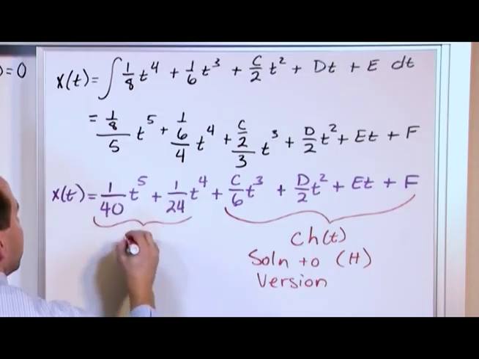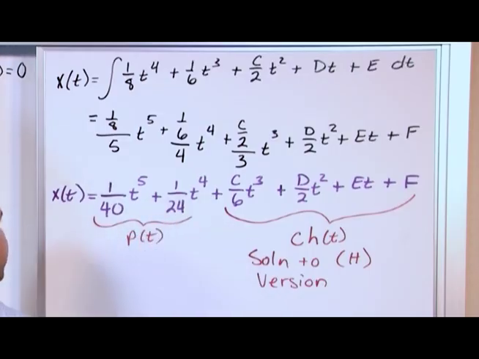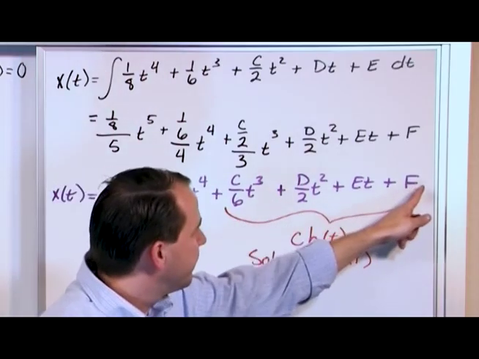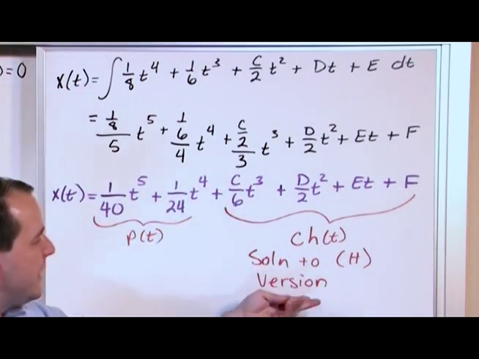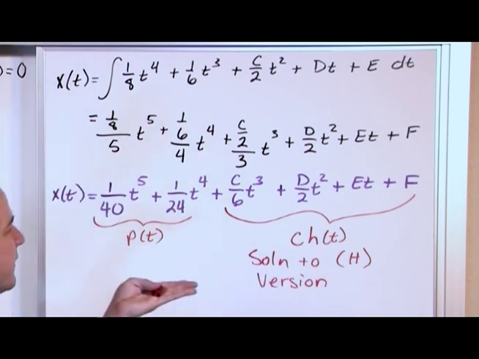It's basically the sum of the terms that include all of my constants times these little functions I have. This is basically the solution to the homogeneous version of my original equation. Everything else left over is going to be p of t, which is the particular solution. So in other words, if I were to go back to my original equation and take e of t and remove it and put 0 in its place, making it homogeneous, I would integrate 4 times on the right-hand side, and I would end up exactly with this right here. That's what we mean when we say it's the solution corresponding to the homogeneous equation.